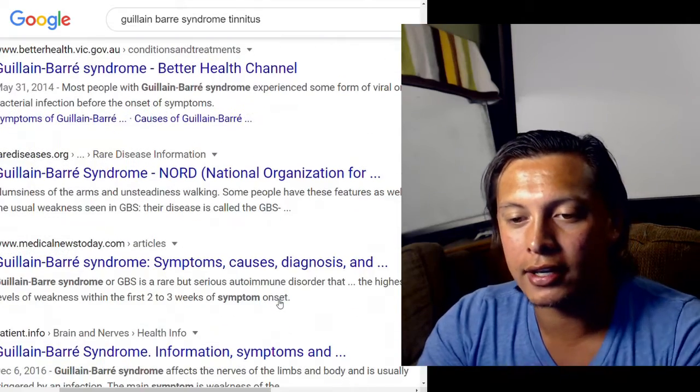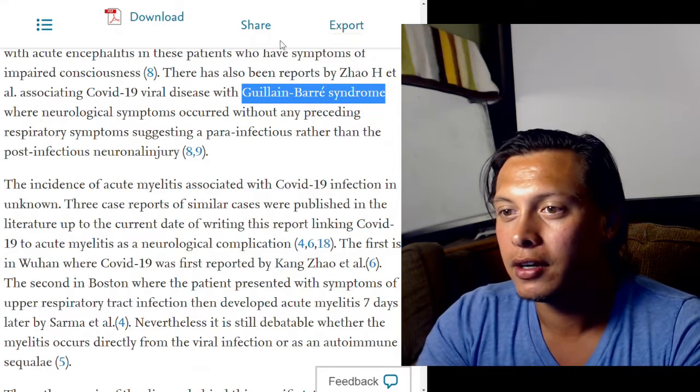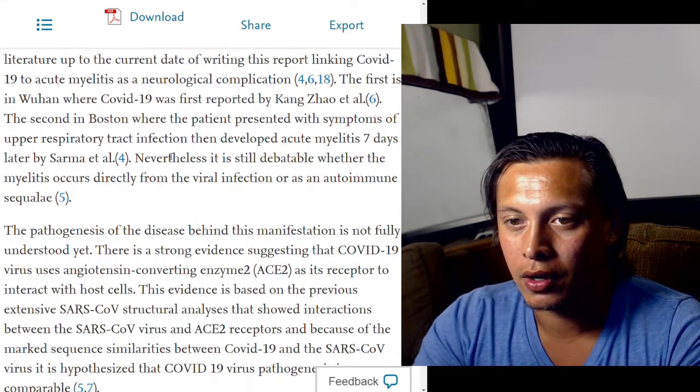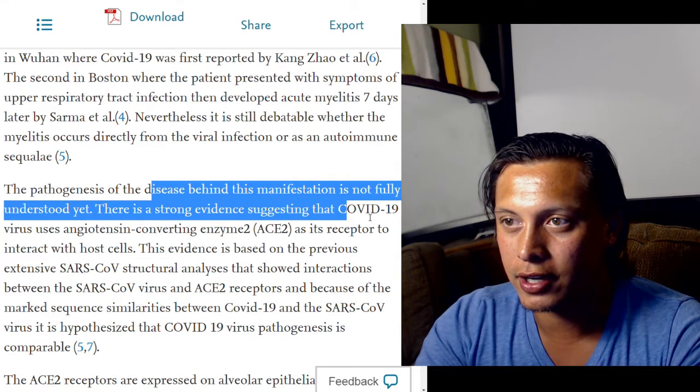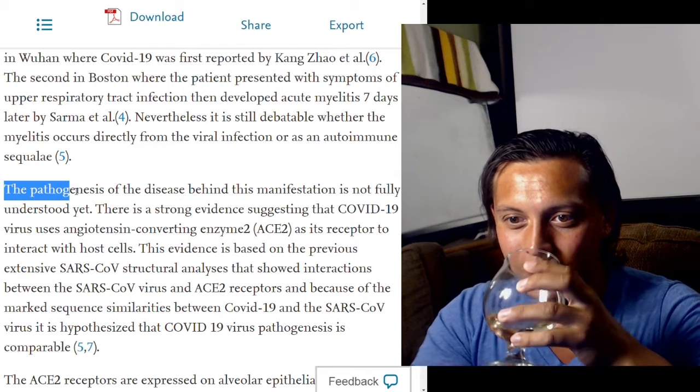Yeah, it looks like tinnitus isn't one of the symptoms. Okay. Continuing. I'm already down here. Sorry, I'm rambling. I'm drinking. I've been drinking.